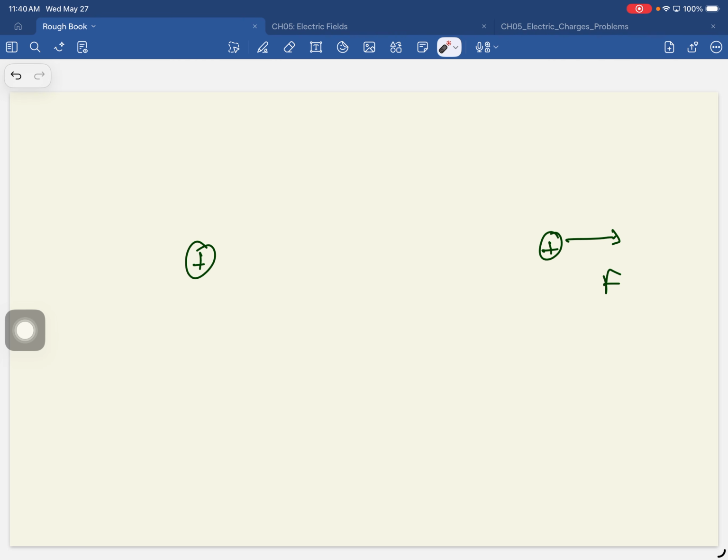Now let's do the following. I'll take this charge and I'll jiggle him. When does this guy know about it? Speed of light. Yeah.